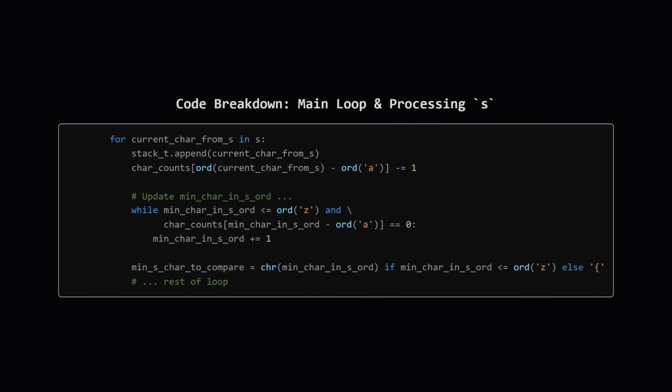If current_char_from_s was the min_char_in_s_ord, and its count just dropped to 0, this while loop advances min_char_in_s_ord until it finds the new smallest character with a non-zero count, or it goes past z. The min_s_char_to_compare is then set. If min_char_in_s_ord went past z, meaning no more characters are available from s, we use a placeholder character, which is greater than z, to help with comparisons later.